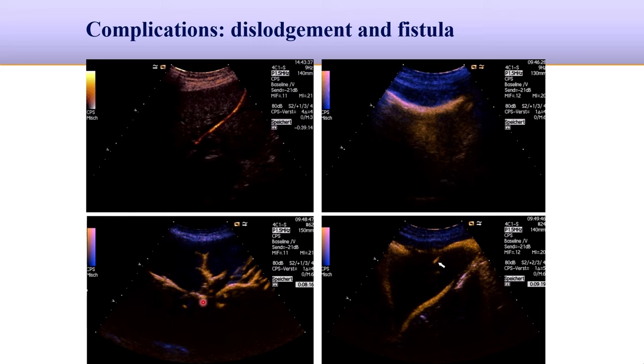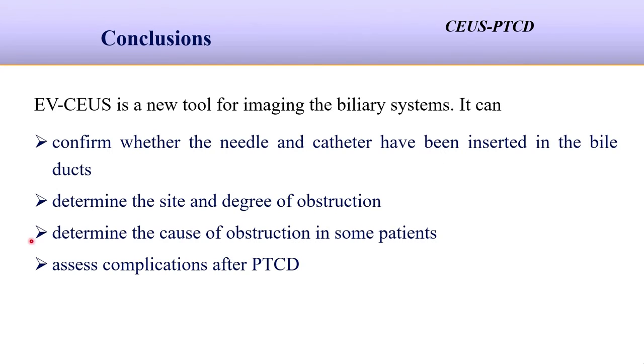And we re-performed the PTCD and extravascular contrast enhanced ultrasound. The bile duct could be clearly seen. And we also found a fistula between the bile duct and the surrounding space of the liver. Conclusions.